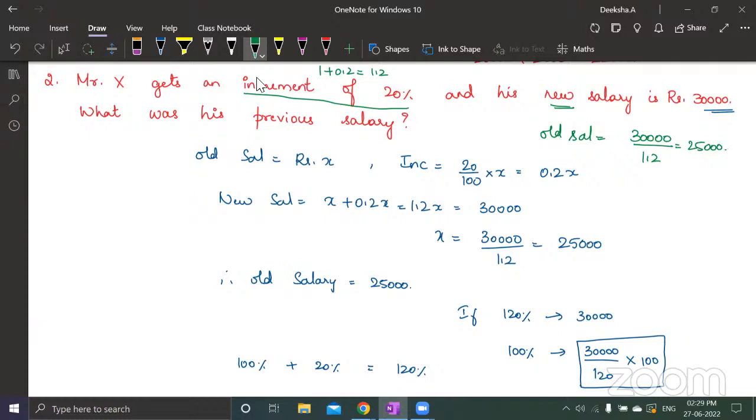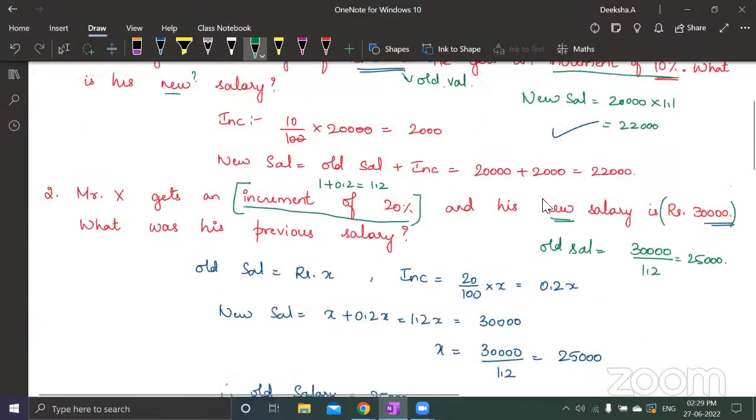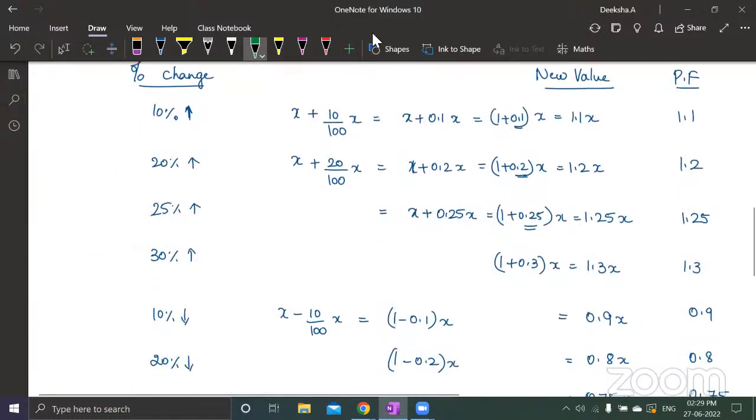So first, as soon as you see this increment of 20%, decrement of 10%, first write down the percentage factor. Then some value will be given here. That value you have to decide whether you have to divide it or multiply with percentage factor. Clear? Right. Now let us solve some questions based on this.